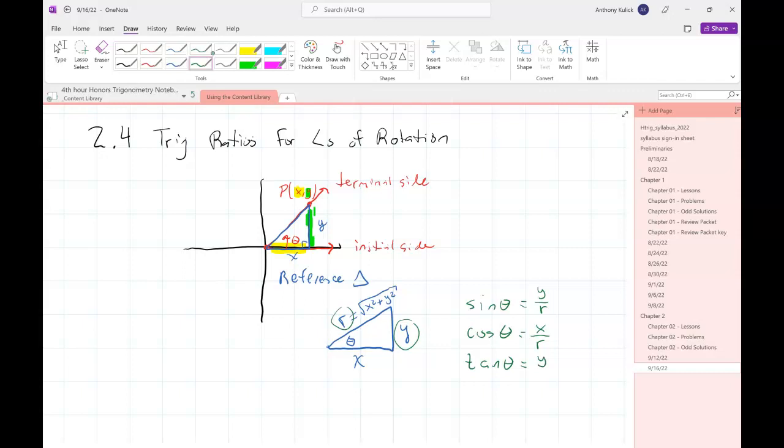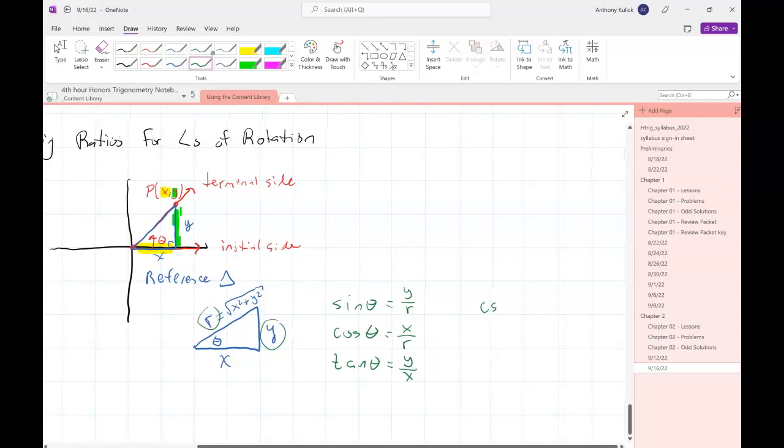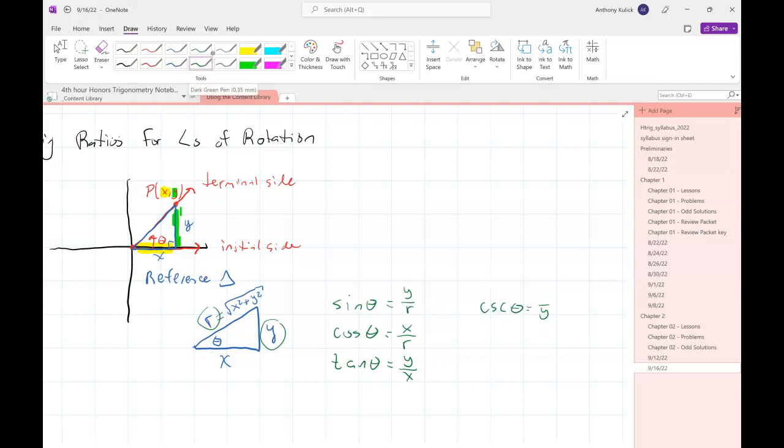Tangent is opposite over adjacent. Cosecant is the reciprocal of sine, so r over y. Secant is the reciprocal of cosine, so r over x. Cotangent is the reciprocal of tangent, so x over y.